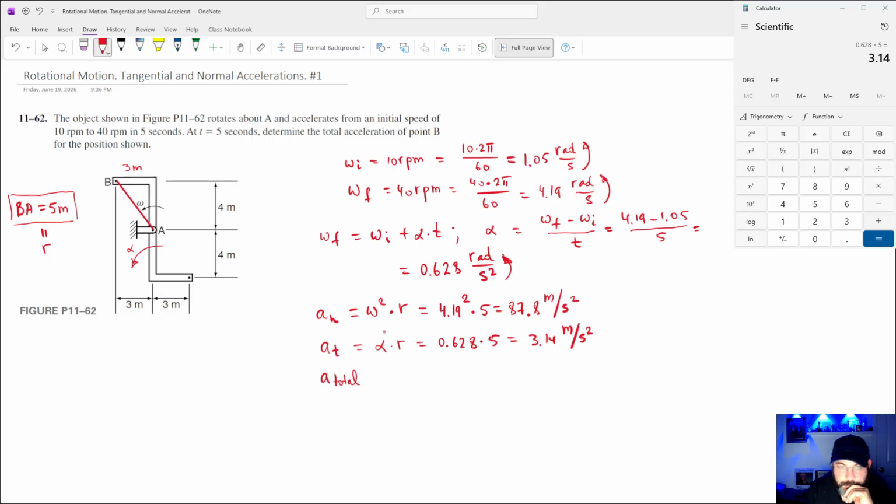Since this is tangential, it is perpendicular to the radius. So we can calculate it as the square root of normal squared plus tangential squared, right? And this is equal to about the same as the normal, because the tangential is extremely small relative to this, so we should expect to see something close to 87.8 squared plus 3.14 squared.